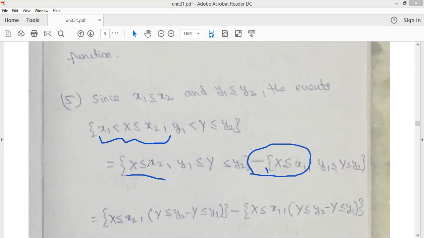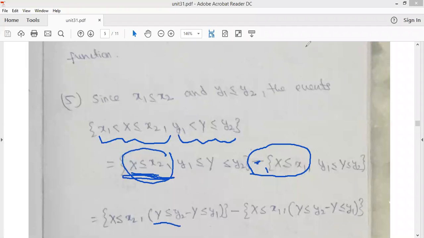So by taking these two conditions, we got this range. Similarly, to obtain y1 less than y less than or equal to y2, we use the same relation: y less than or equal to y2 minus y less than or equal to y1. Like that we are using the same relation.